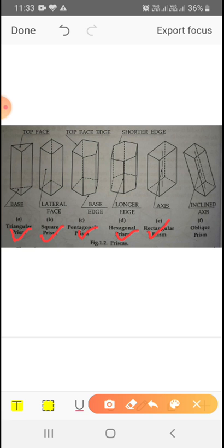This kind of position is called a right prism. But an oblique prism is one where the axis of the prism is inclined to its base, as shown in figure F. So this is called an oblique prism. I hope you understand the meaning of a prism and its types.